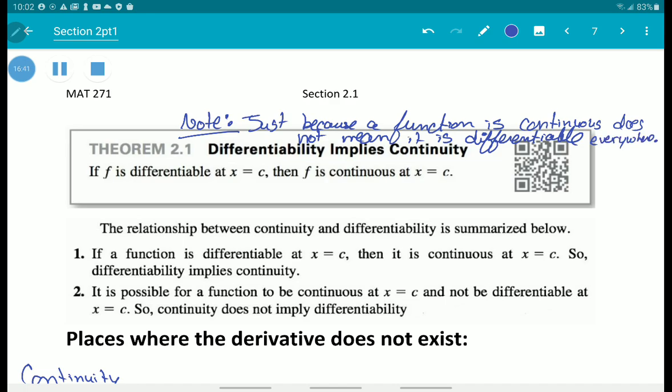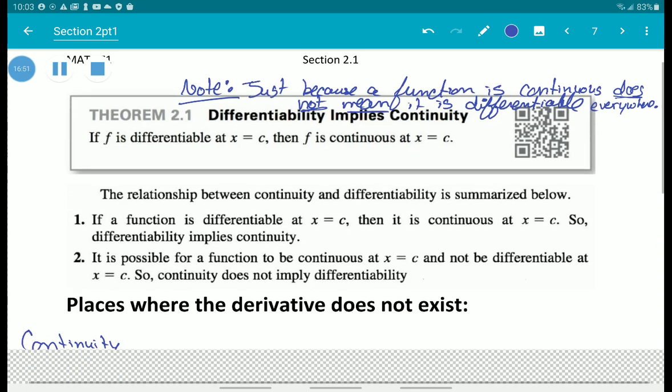So just because a function is continuous does not mean that it's going to be differentiable everywhere. There are places where the derivative cannot happen.